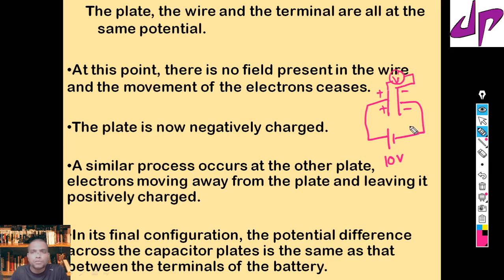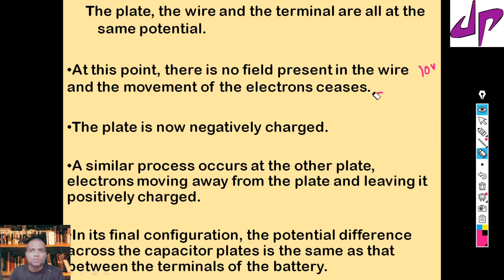If you connect a voltmeter, that also reaches 10 volt. Now if you disconnect this, the capacitor has a potential difference of 10 volt. Now that we can use, and that's how a capacitor stores charge.